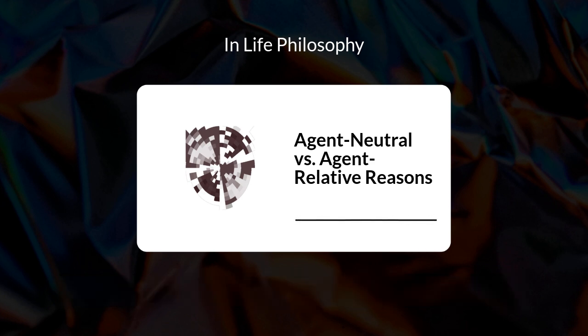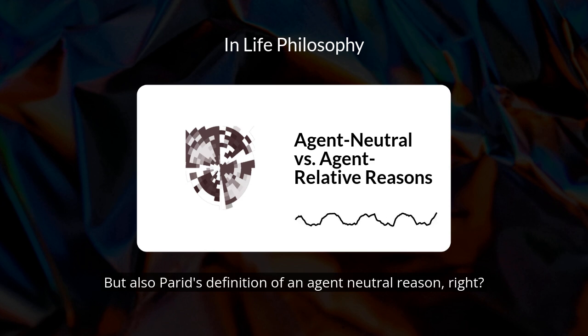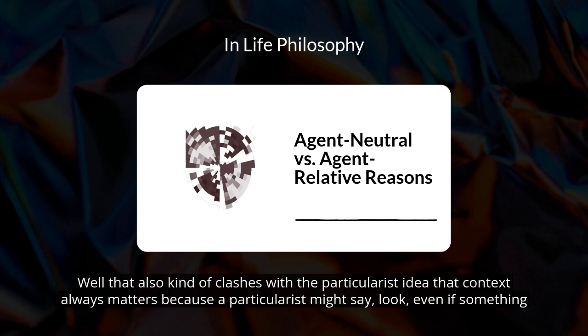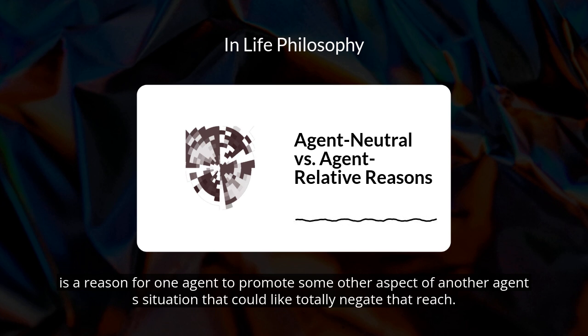But also Parfit's definition of an agent-neutral reason, this idea that it has to provide a reason for anyone who's able to promote the end, also clashes with the particularist idea that context always matters. Because a particularist might say, even if something is a reason for one agent to promote some aspect of another agent's situation, that could totally negate that reason.